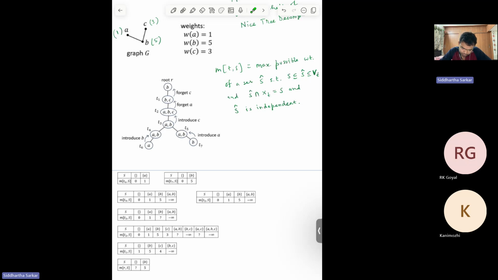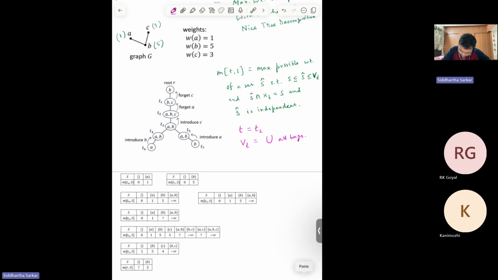So for example, for now let us say I am assuming T is T2, then V of T is the union of all the bags present in the subtree of T rooted at T. Then I'm looking at the union of all bags for all nodes in the subtree rooted at T. Okay, so look at it visually.